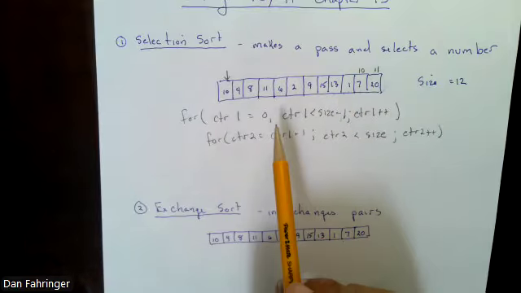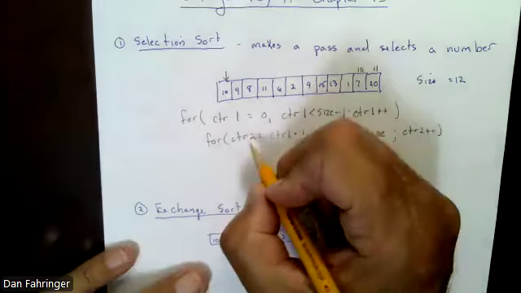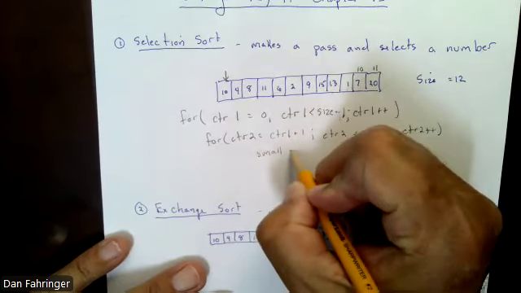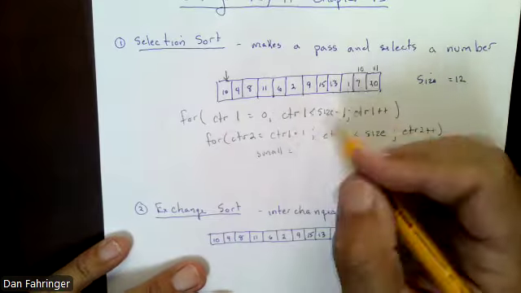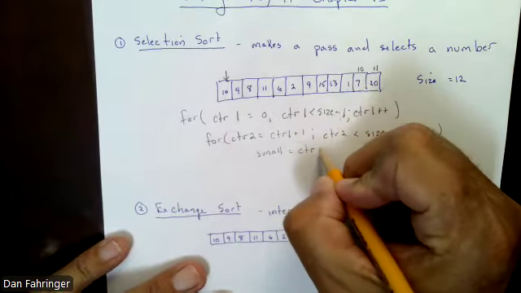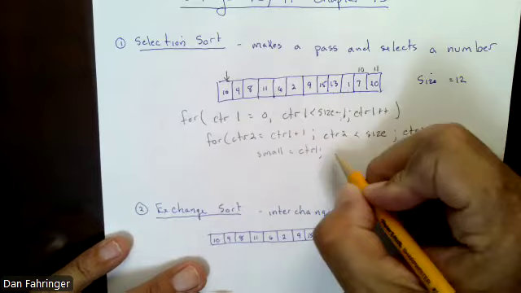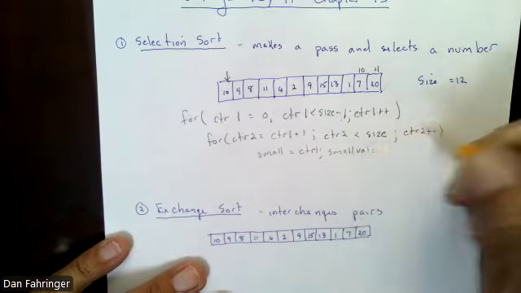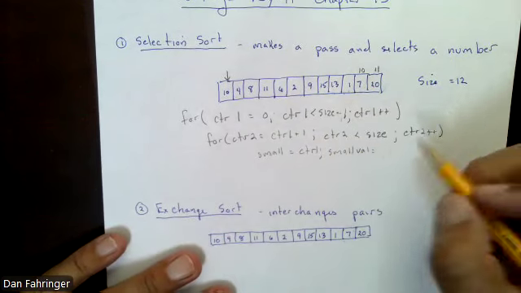So I'd have to do a whole bunch of things like, while I'm in here, small equals my location, current one, or counter1, small value equals whatever the array is sub counter1.